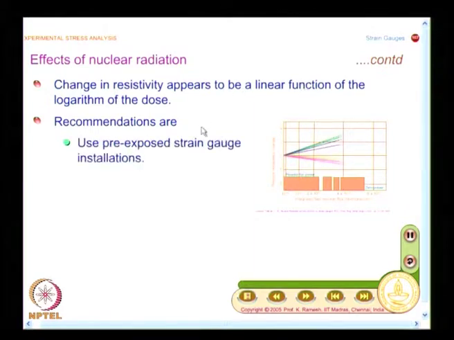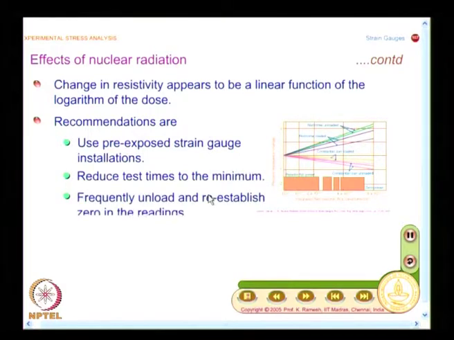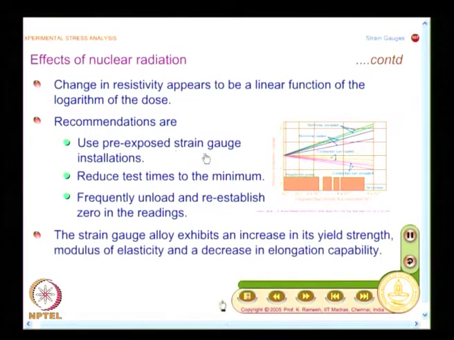So, I can have these as the possible methodologies to improve, and what it says is use pre-exposed strain gauge installations. Before you make the measurement, let the strain gauge installation also go through the same radiation dose.